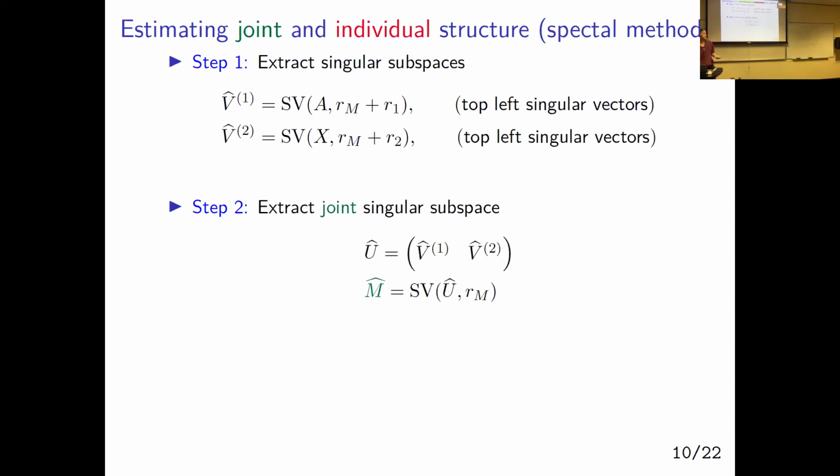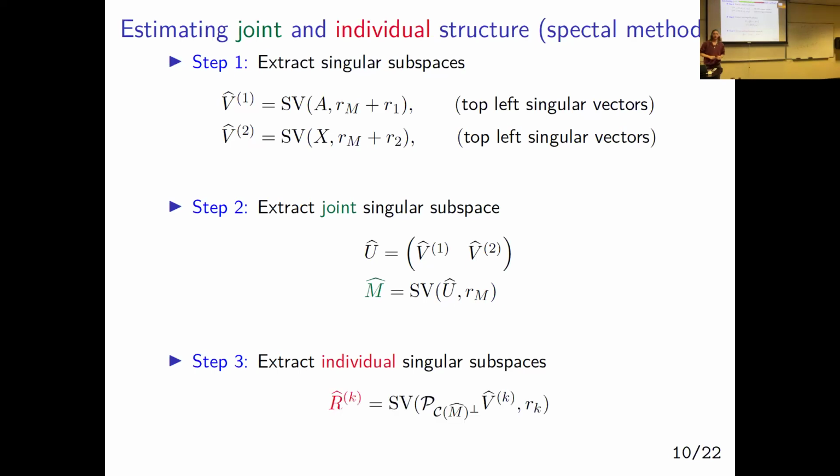Okay, so once you have the joint, then you can extract the individuals. All you have to do is take your estimate for the joint-individual concatenation and project this onto the orthogonal complement of your estimate for the joint.